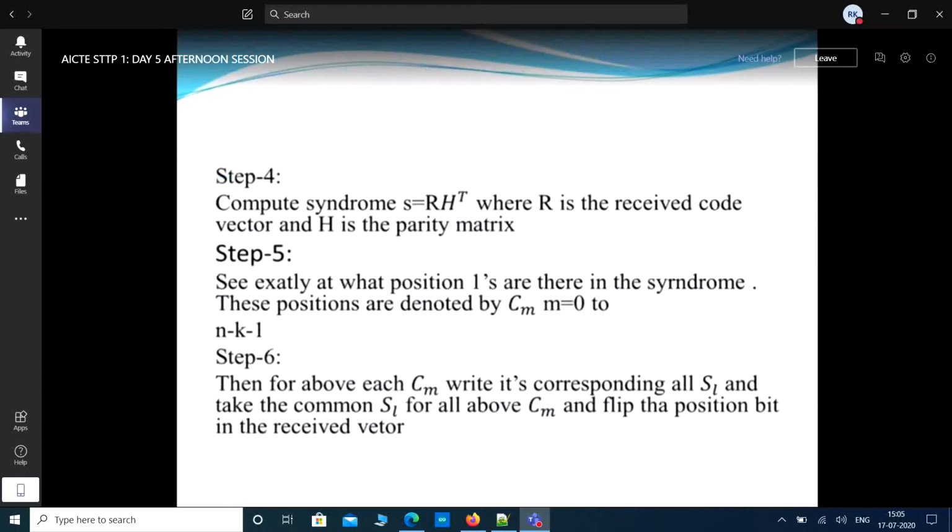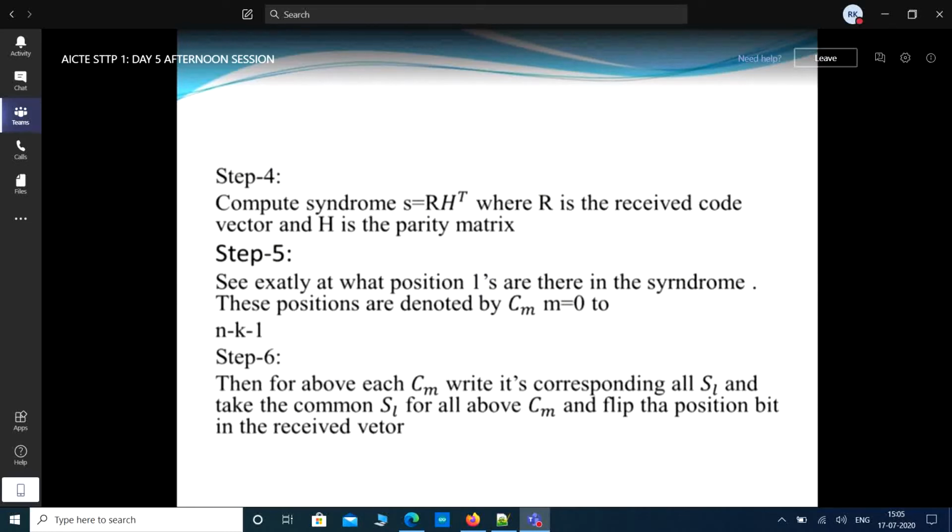This point is understood in the graph. The next step is to compute the syndrome after the variable nodes and check nodes are connected. Syndrome means identifying the position of the error. The length of the syndrome is equal to the number of redundant bits.